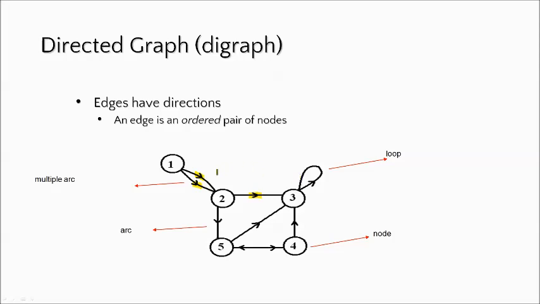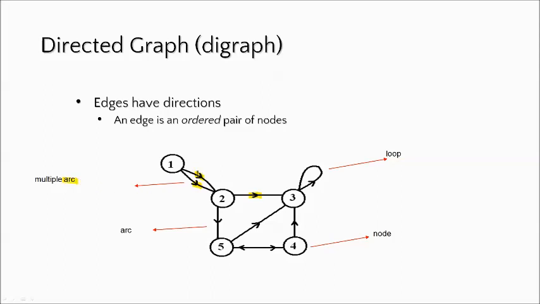So again, as you can see here, we have multiple arcs, or we have a single arc, or multiple edges, or a single edge. As I mentioned before, the line that connects two different vertices is called an edge or arc.